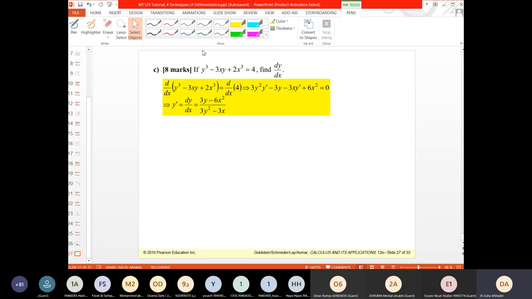They want me to find dy by dx. So the derivative of y cubed is 3y squared times y dash. When I take the derivative of y, I immediately multiply by y dash. Minus 3: now xy we already memorized. What's the derivative of xy? It is 1 times y plus x times y dash.